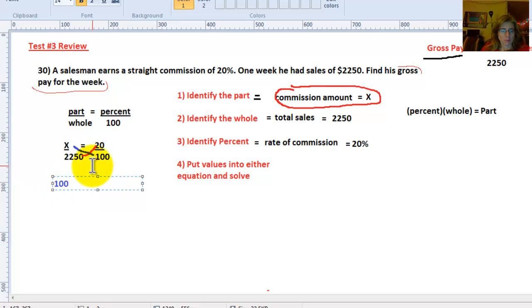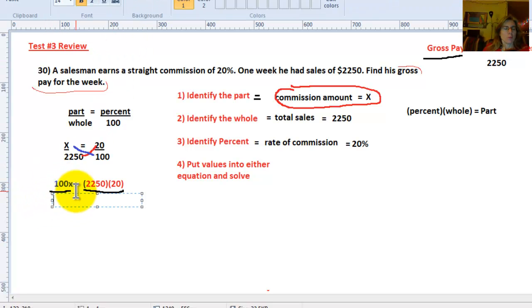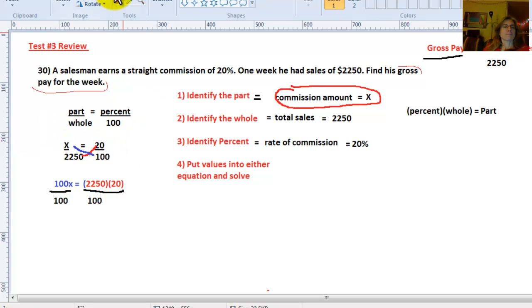So 100 times X will equal, and when we are solving for X, we have to divide both sides by 100, meaning both sides of the equal sign on the equation so we can isolate the X, meaning we're setting up the problem so that we have one math formula equal to X. So anytime you have 100 over 100, that equals 1, so it cancels to a 1, and the 1 times X is simply X. So now X is equal to this calculation.